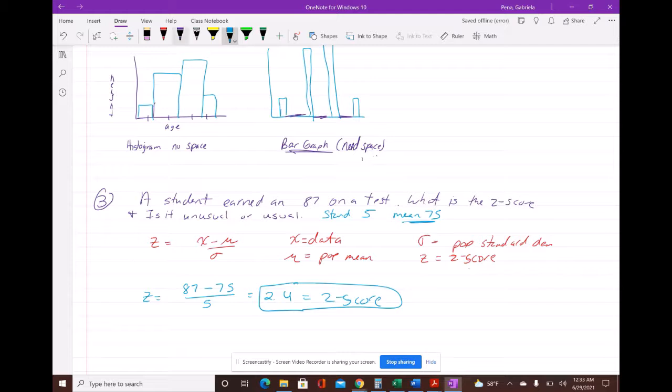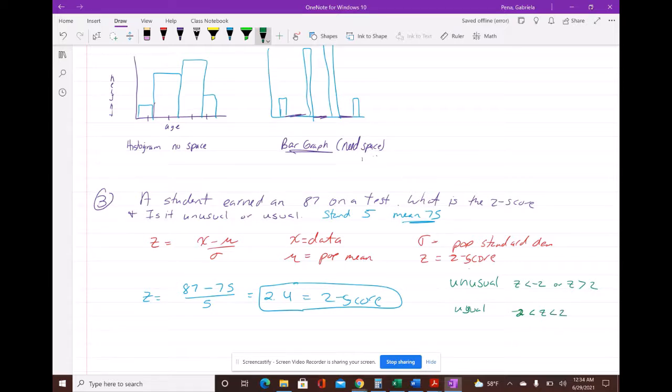Another thing you need to know about Z score is that it is unusual if the Z score is less than -2, or if the Z score is greater than 2. It is usual if the Z score is between -2 and 2.